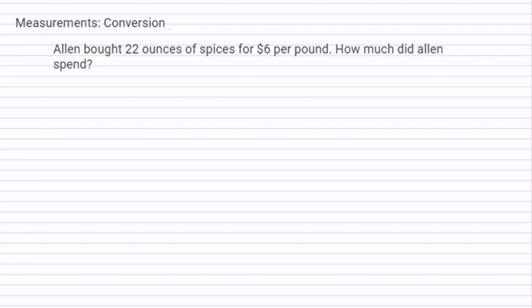In our problem, it states that Alan bought 22 ounces of spices for $6 per pound. How much did Alan spend? So 22 ounces will be equal to a number of pounds. Let's do this.